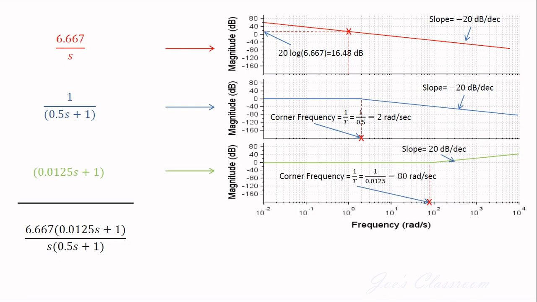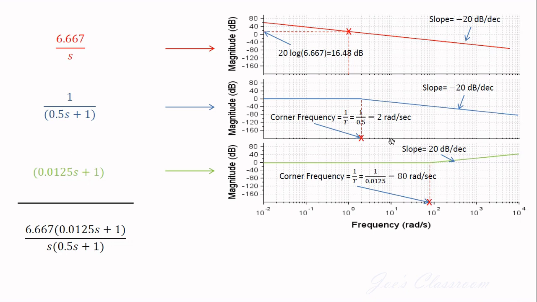Now let us take the third term. Of course it is very similar to this. Only thing is it is there in the numerator, and therefore up to the corner frequency of 1 by 0.0125, that is equal to 80 radians per second, up to that point it is going to be 20 log k.